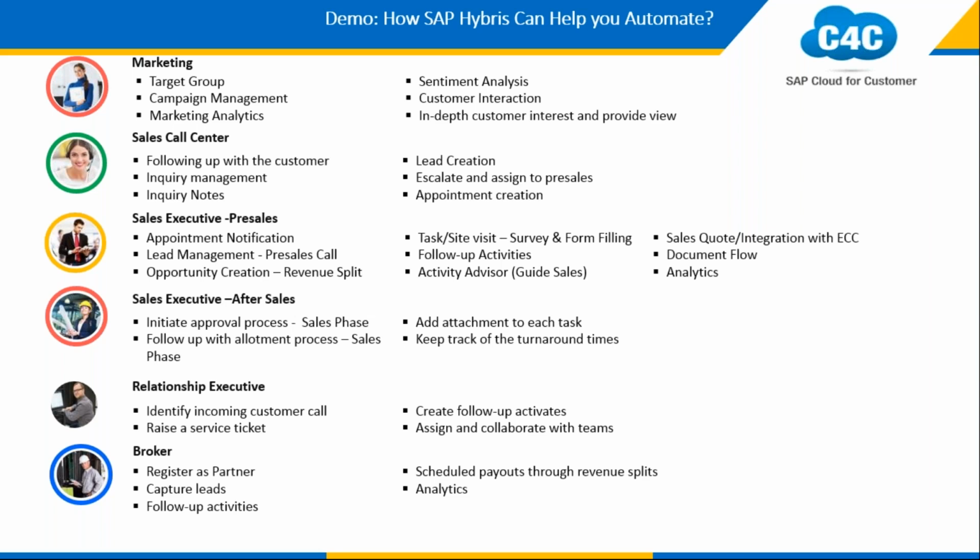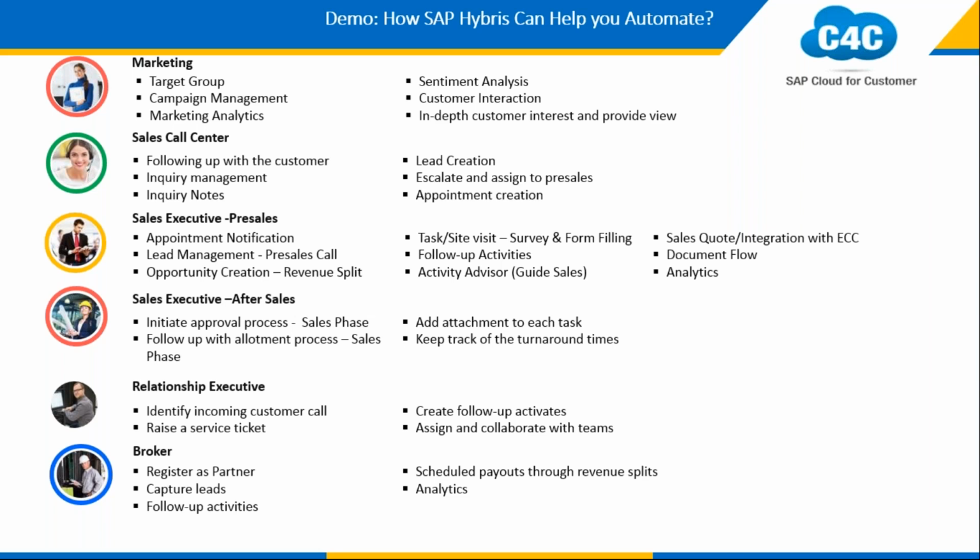It's not as extensive a marketing as it was in SAP CRM earlier. There's another tool specifically for marketing, which you might know, called SAP Marketing Cloud. There you have extensive marketing features, which is a separate system altogether.